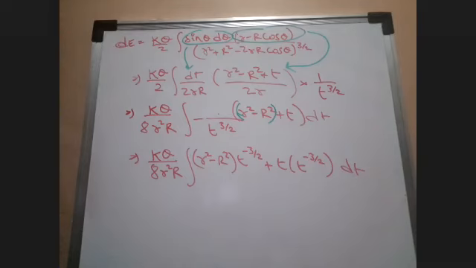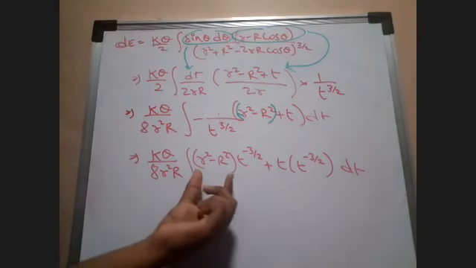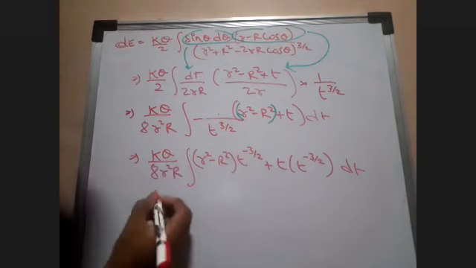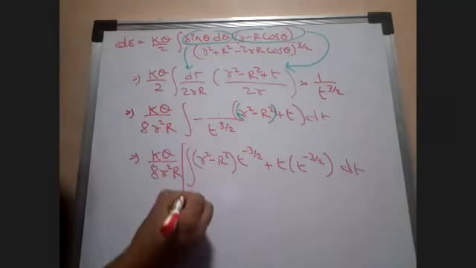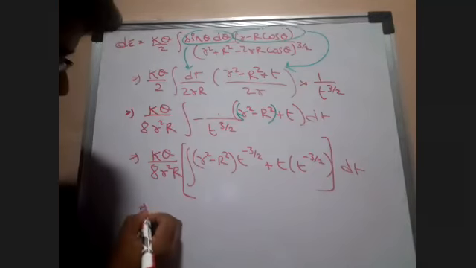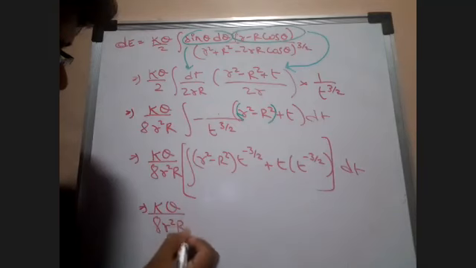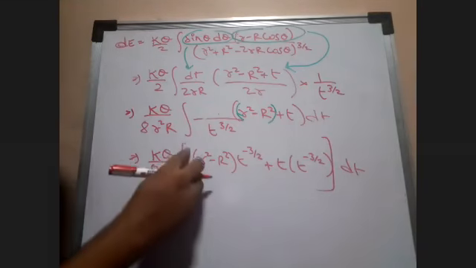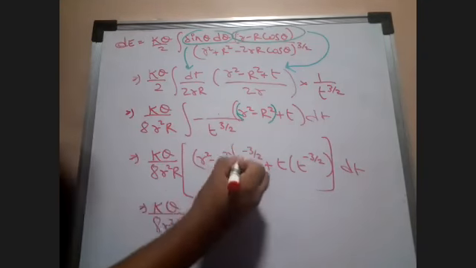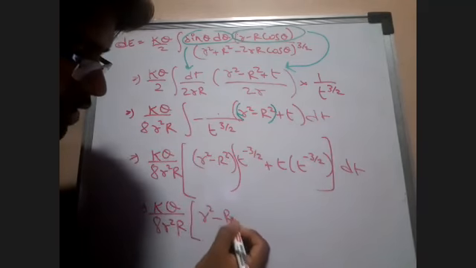Now we know that this small r and this capital R are constants, so we can take the integration that way. Let me put a bracket over. What we will get is kq upon 8 r square capital R, and I will write this bracket again, r square minus capital R square.